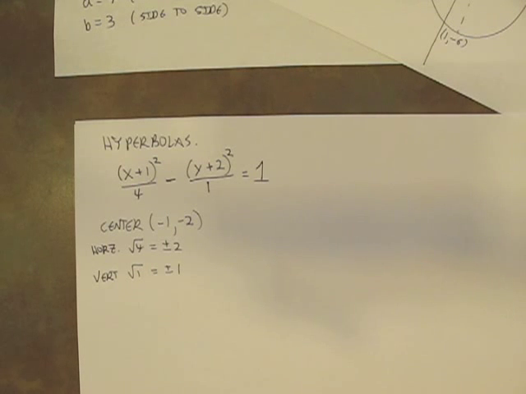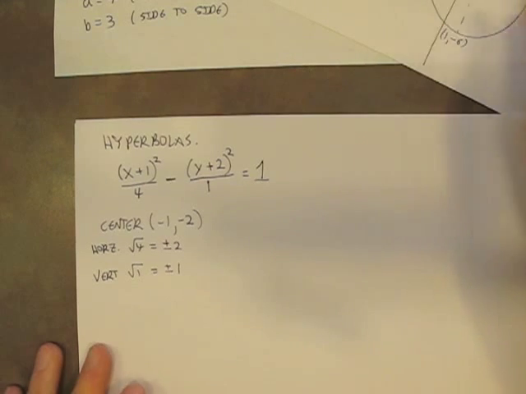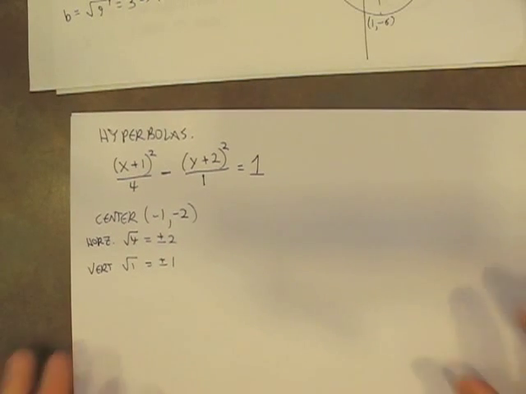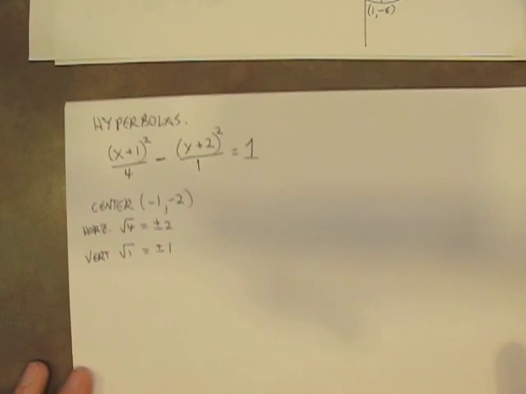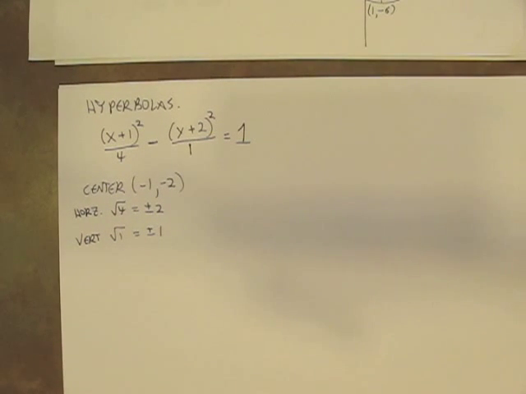Okay, now the key thing is that we have to sort of violate what I've been talking about for hyperbolas. We have to sort of draw the rectangular box first and then go from there.